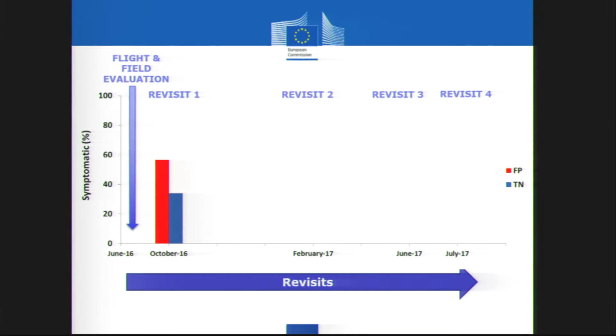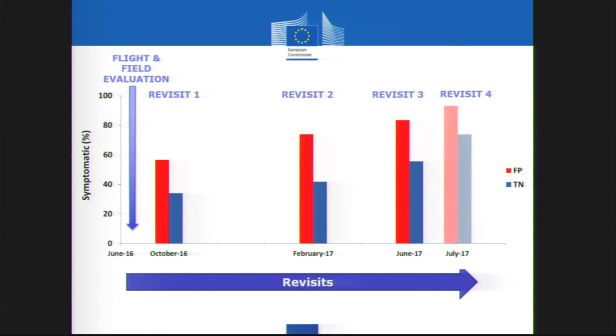In blue are the true negatives, the ones that both pathologists and remote sensing agreed were not affected. But every time that we did a revisit, we found an accumulation of the symptomatic percentage, and in all cases, the trees that became affected were in higher proportion those that remote sensing was indicating were affected.